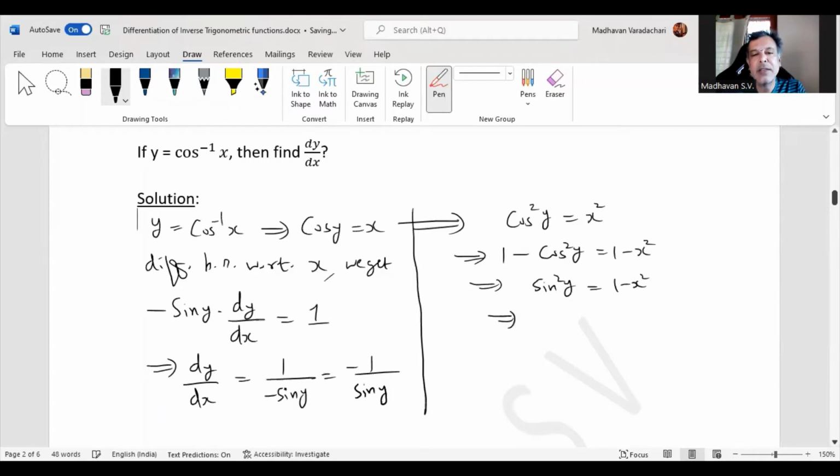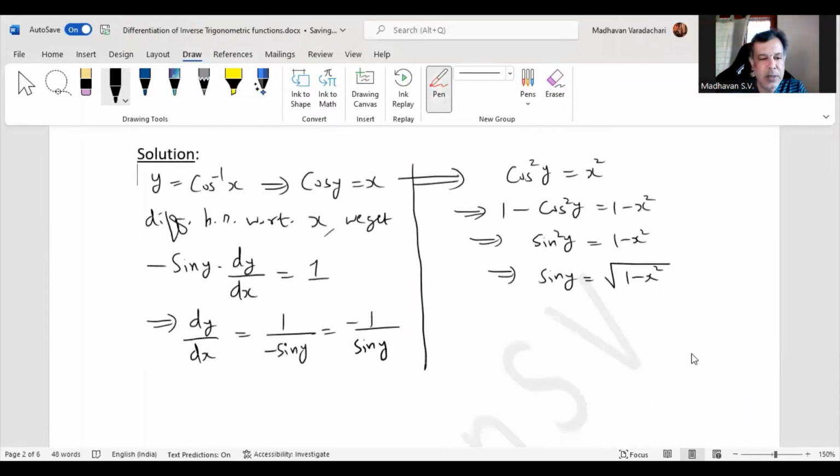We are interested in sine y, so we need to take square root on both sides, so we get root of 1 minus x square. So this dy by dx will be minus 1 divided by root of 1 minus x square. So if y is cos inverse of x, then dy by dx is minus 1 divided by square root of 1 minus x square.